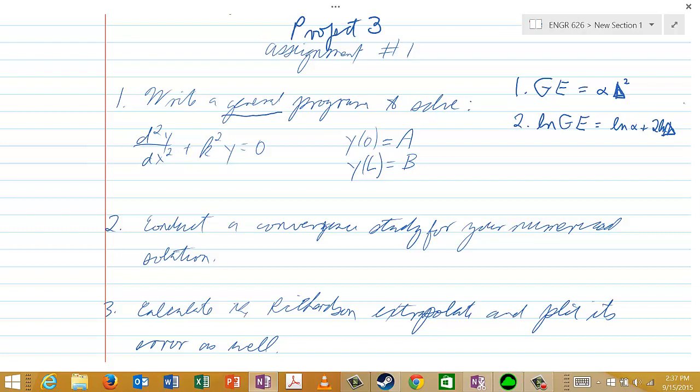And so in the first part of project 3, we want to do this equation right here with these boundary conditions, and we want to write the program to be general. Once we have that program working, you're going to put that whole program inside a loop that will allow you to pick an initial value of h, and that's the permanent value for h, because h is a constant, and the initial value for delta will be equal to h.